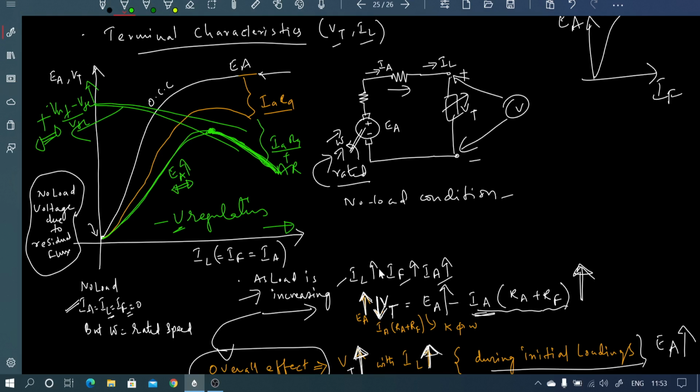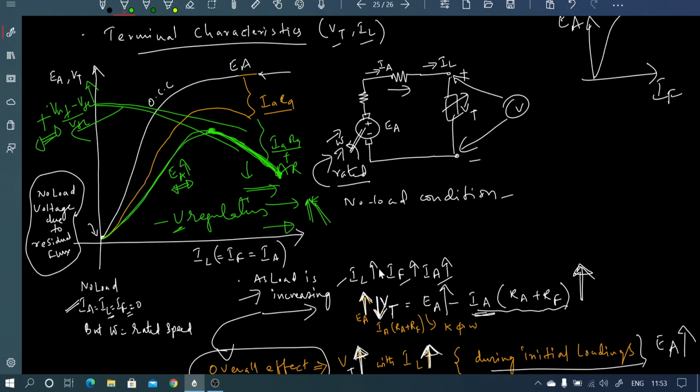During arc welding, when the contacts of two electrodes touch each other, the current increases and the voltage drops. Voltage drops and current increases, and the operating point will be somewhere here. But when the operator tries to separate the contacts, the arc tries to persist.